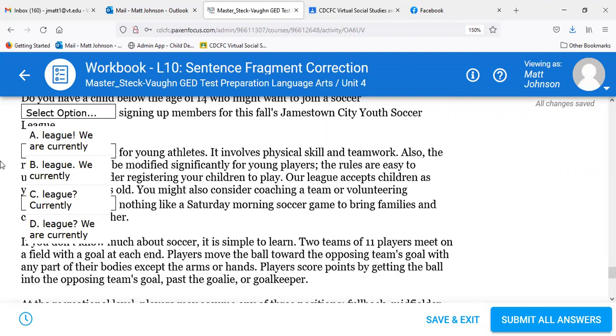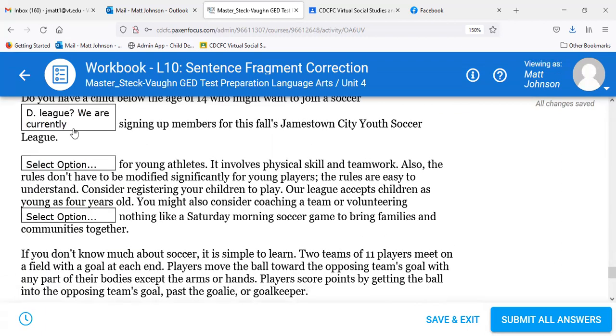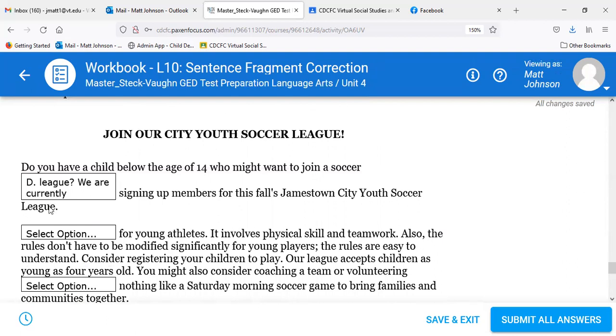No. Yes. I'm sorry. I looked up, looked down, and I was like, oh, yeah. Yeah, it's a question, right? We talked about this. If it starts with do, did, it's often going to be a question. Do you have a child below the age of 14 who might want to join a soccer league?